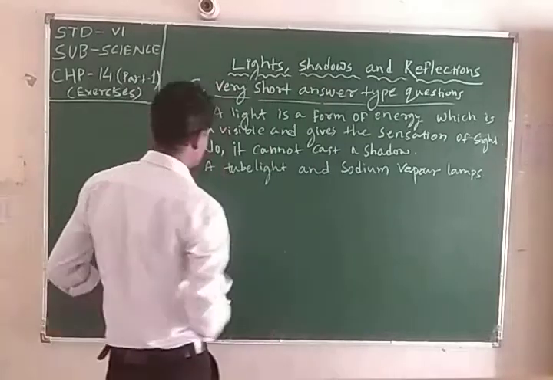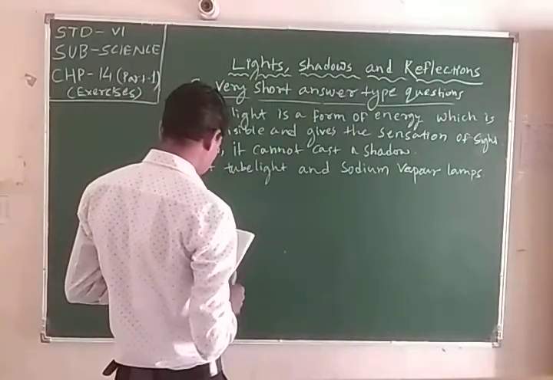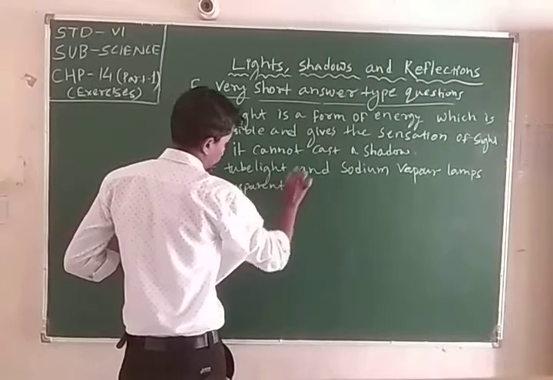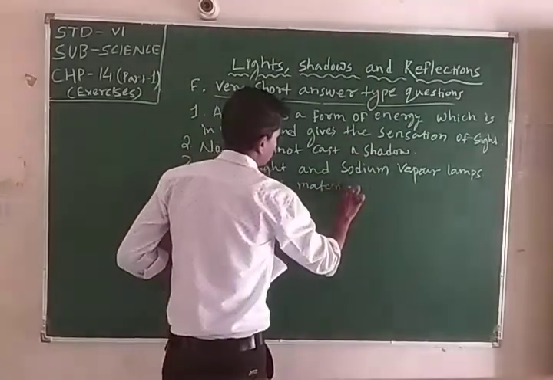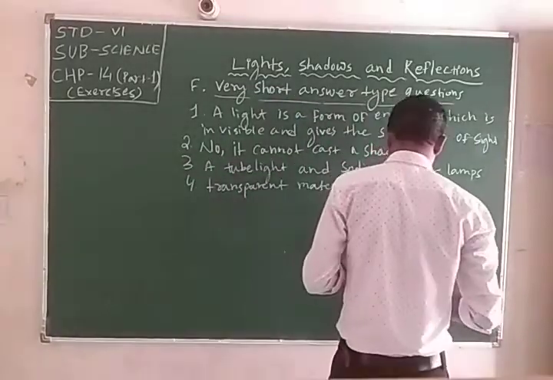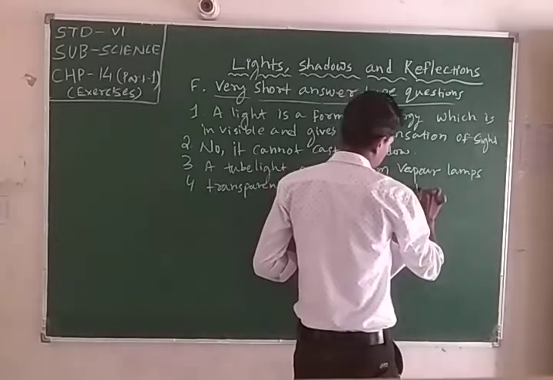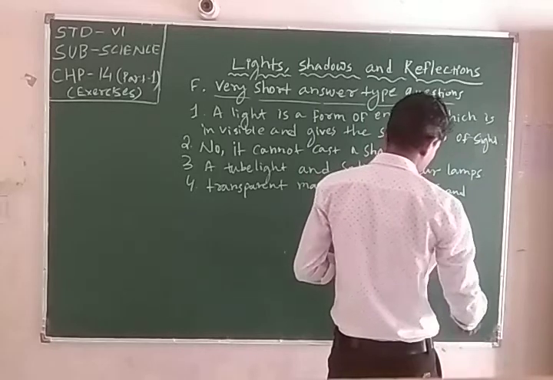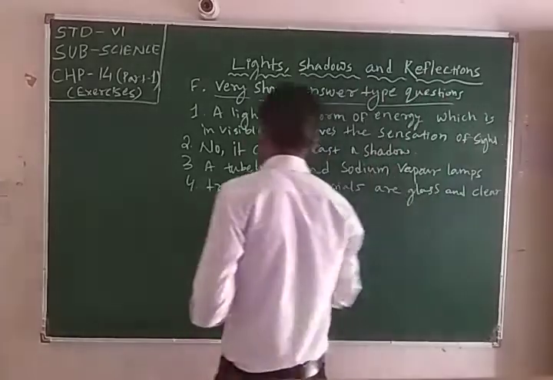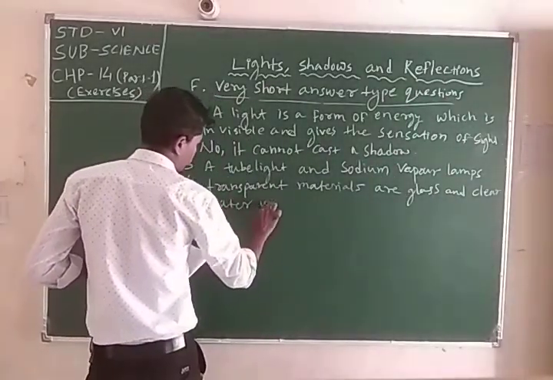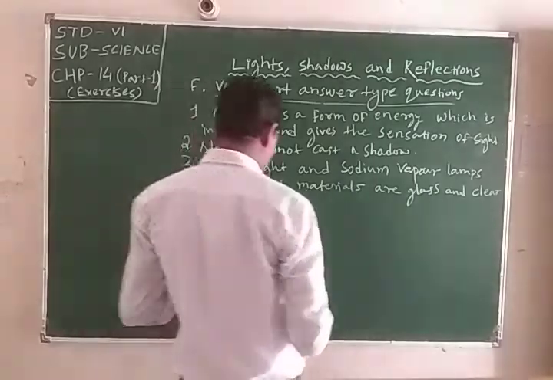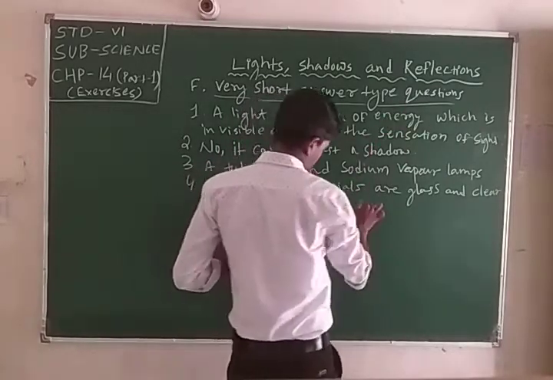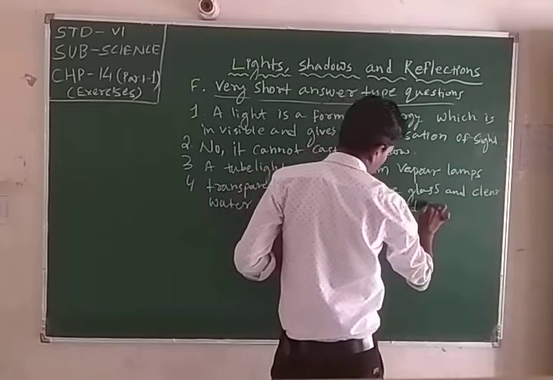Transparent materials are glass and clear water, while opaque materials are wood and metals.